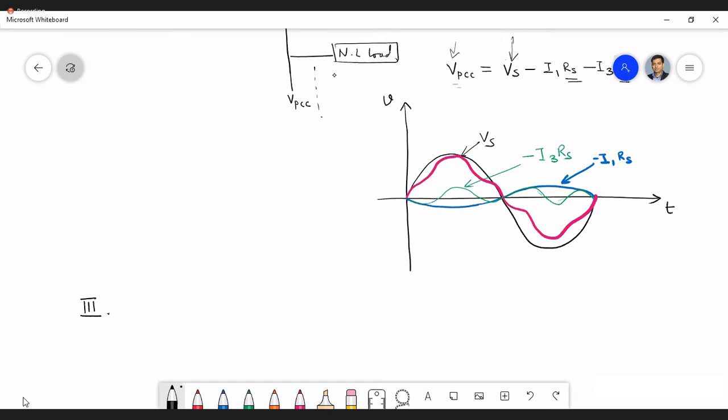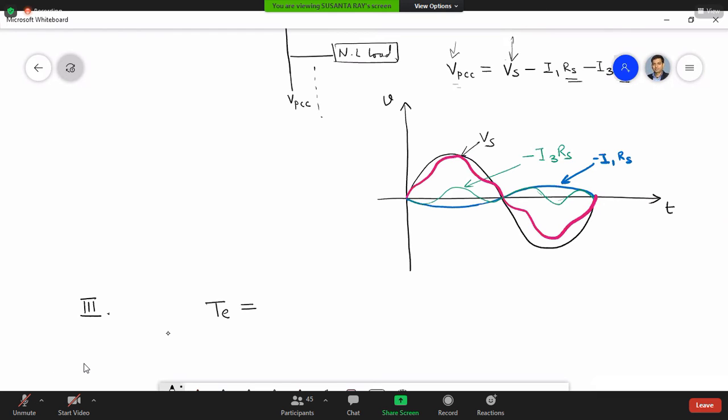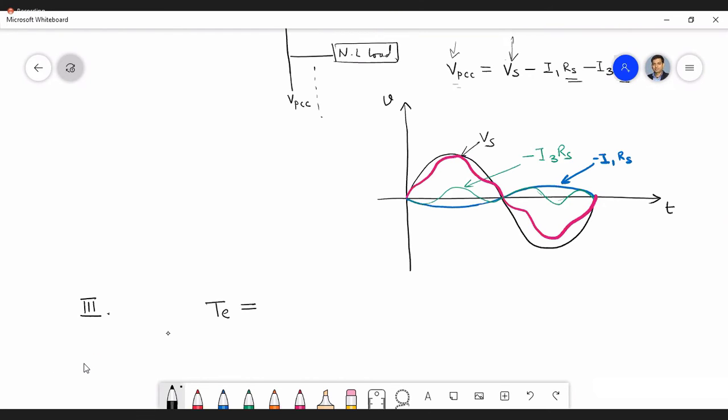Nobody can recall the expression of torque. Nobody remembers the torque expression? What happened? It is 3 V square into r2 by s, divided by omega s into the quantity r1 plus r2 by s whole square plus x square. You needn't remember that long one. In terms of power, it is PG by omega s.